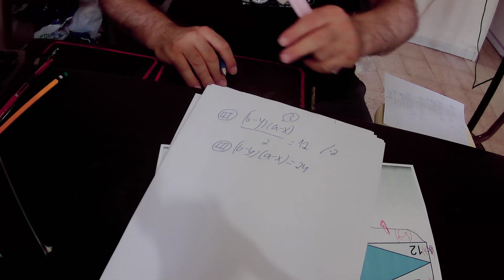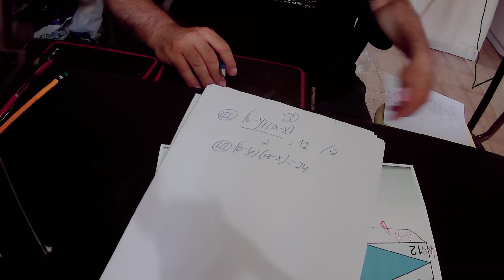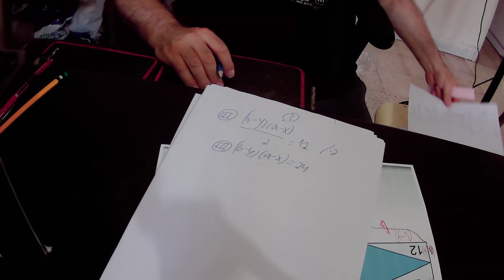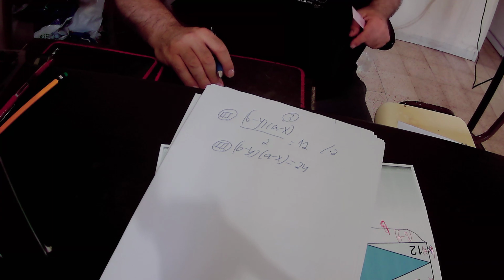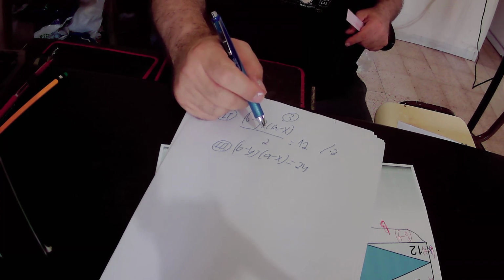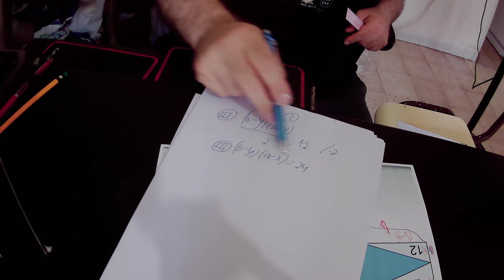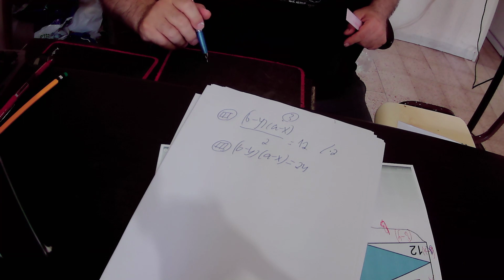So now we can substitute y by 30 over a and x by 54 over b in this third equation.